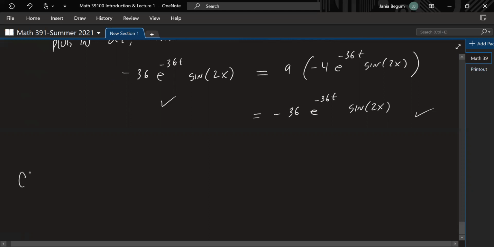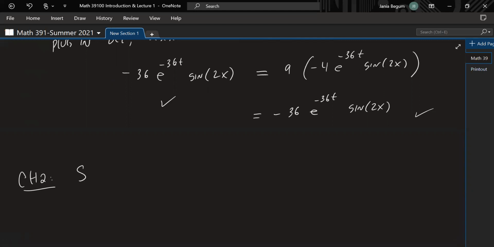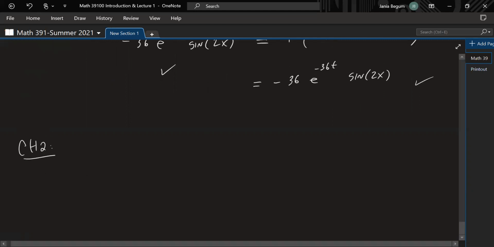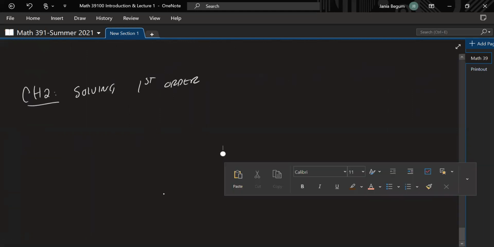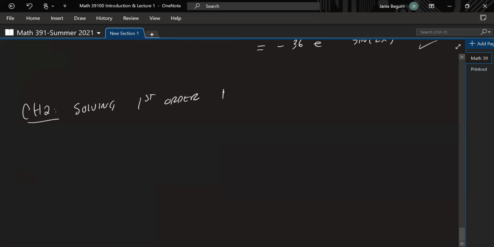So chapter 2, let me just give you the heading. We're going to be solving first order differential equations. That's what chapter 2 is about. You're going to learn 4 different methods to solve first order differential equations.